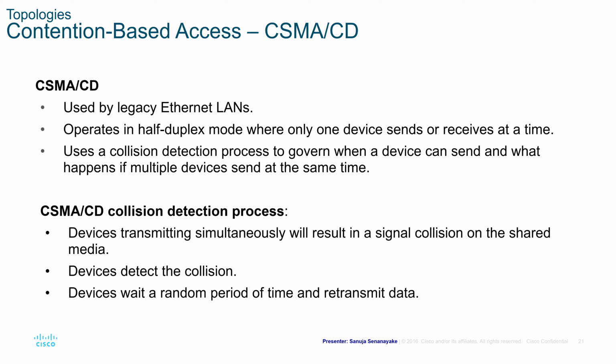Devices detect the collision, wait a random period of time, and transmit data again. You need to know these things for your exams, but this is probably the most detail you're going to go into in this particular course series. So make sure you know this slide for your exam, as well as the next few slides.